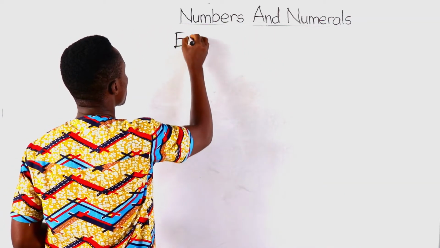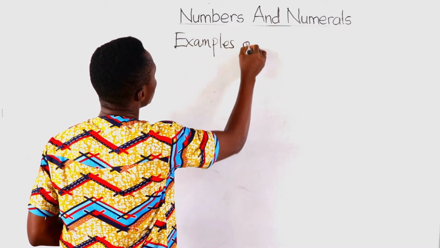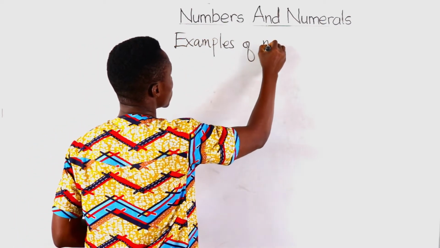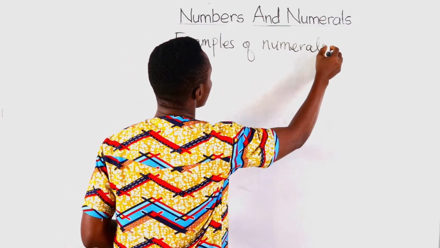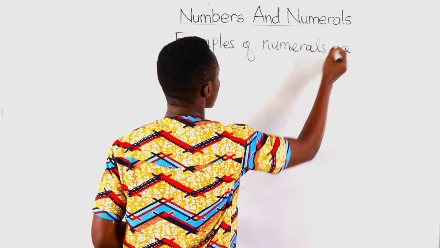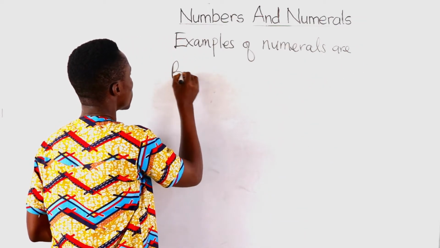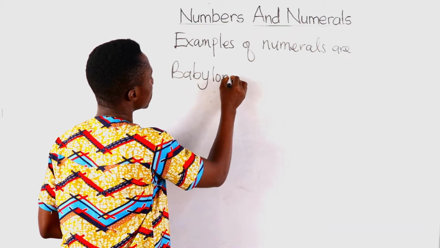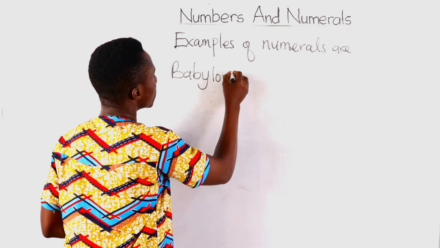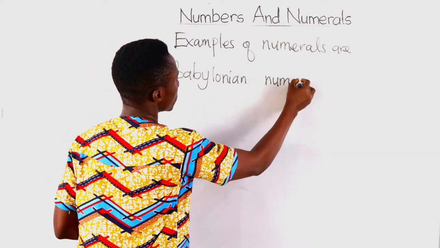So examples of numerals are: we have the Babylonian numerals.